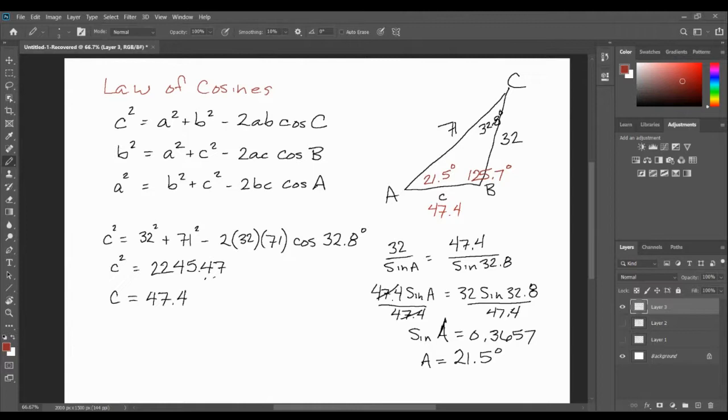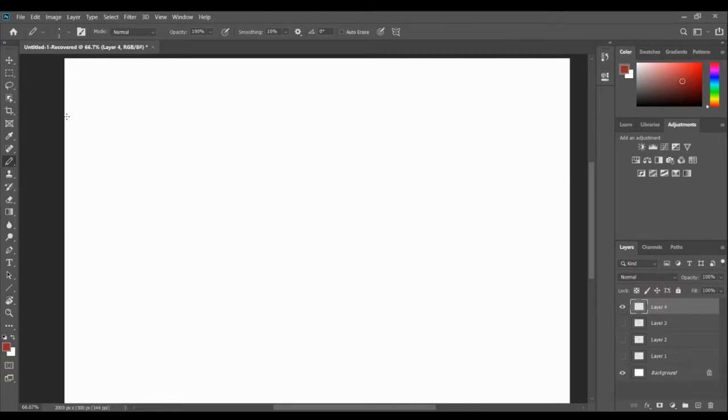Okay, I'm not hearing any. So let's find a side-side-side problem and work that out. All right, so I'm given, I like to use the triangle RST.